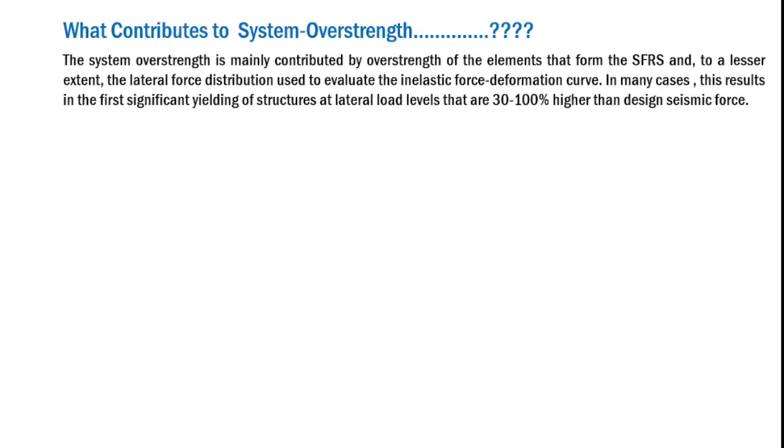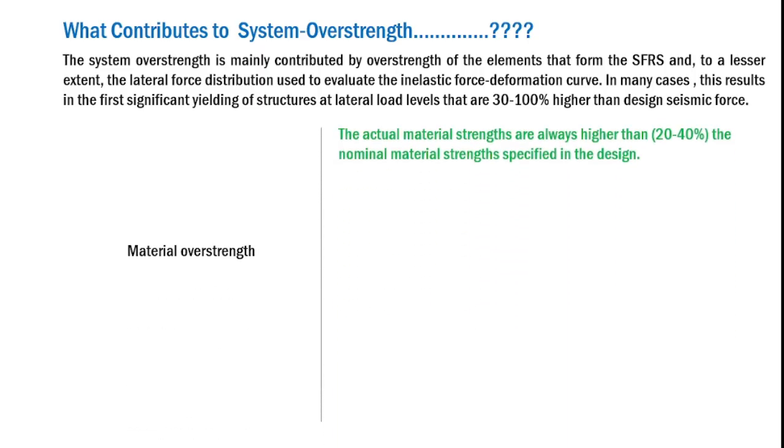Now let us discuss what contributes to the system overstrength. Remember that the overstrength factor, which is defined as Vy by Vs, in many cases could be even 30 to 100% higher than the design seismic force Vs. Now you may be wondering, what is contributing to this much of a hike of Vy compared to Vs?